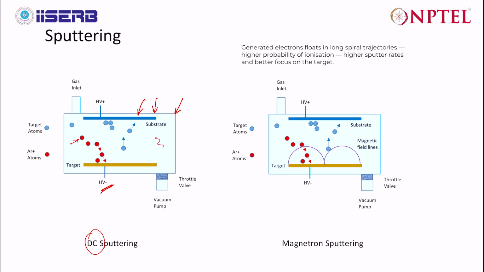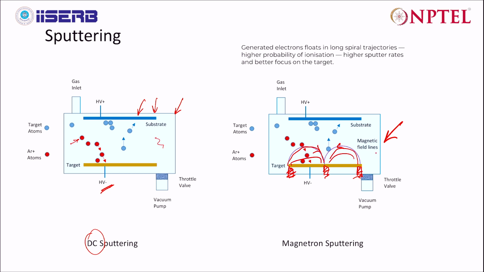And similarly, in order to make the process more efficient to some extent, we apply a magnetic field inside that box near the target. So if you have magnetic field lines present, for example, say you have one magnet here, another here, and here, based on the poles of the magnets you'll find magnetic fields from one magnet to the other. So you'll find a lot of magnetic field near the target, and this magnetic field actually helps the generated electrons to float in longer trajectories.